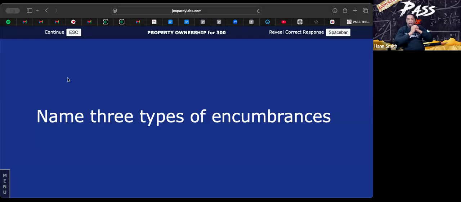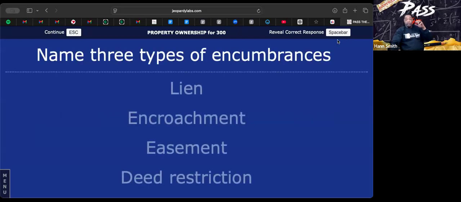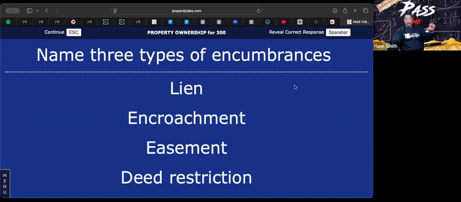That's how I try to get the class to remember them: a mortgage, property tax lien, HOA dues. Those are encumbrances. Physical encumbrances are encroachments, easements. So those are the types of encumbrances. Think of them as physical and financial.